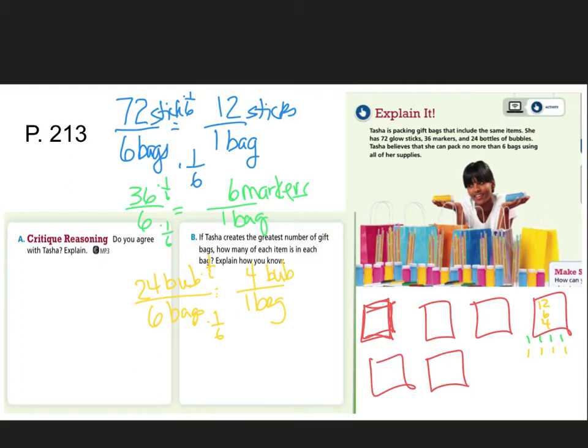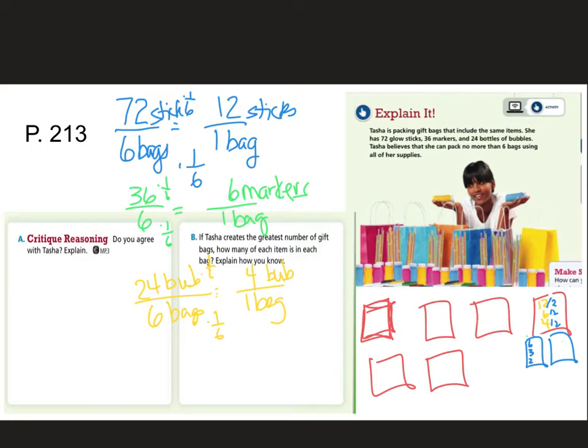So it looks like I can't make 4 bags out of each bag, but I could divide all of these in half: divide this by 2, divide this by 2, divide this by 2. I could actually take this bag and make it 2 identical bags with 6 glow sticks, 3 markers, and 2 bubbles.